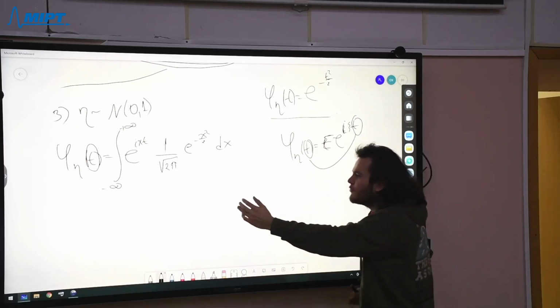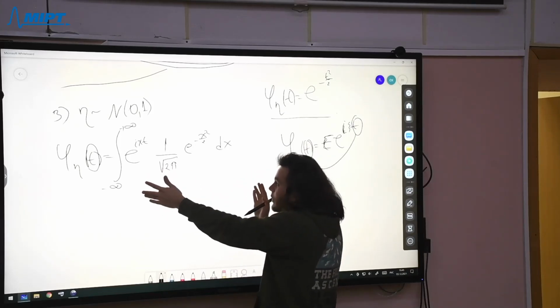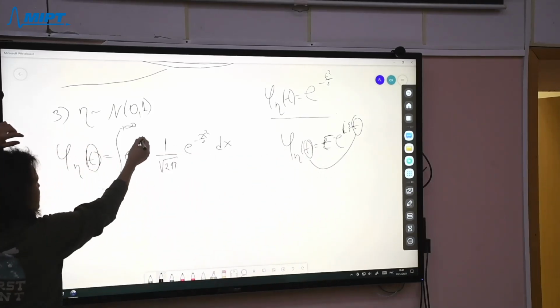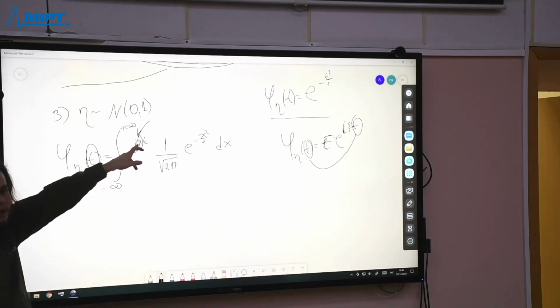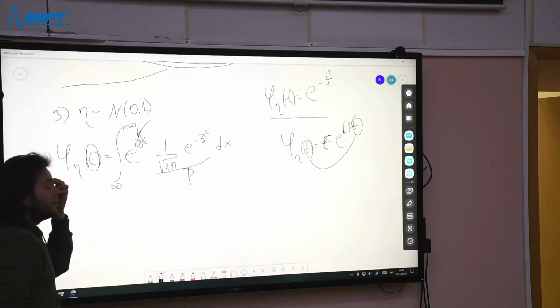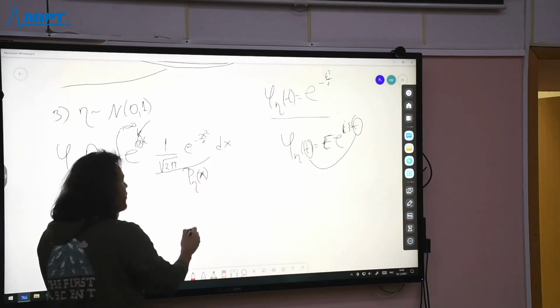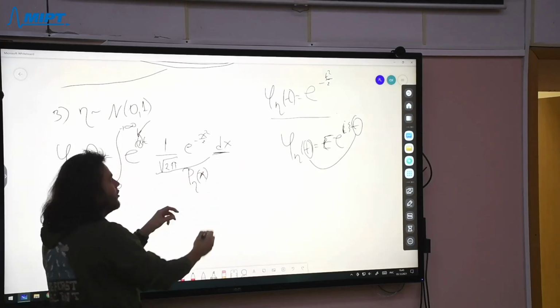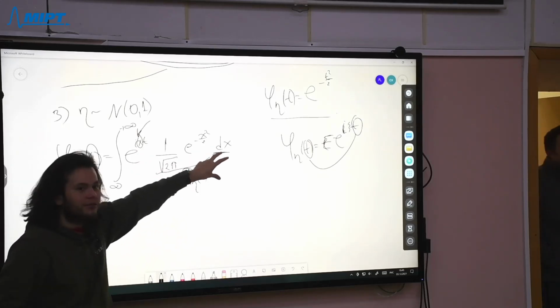If we want to find the expected value of some random variable psi, we need to look at all the possible values of psi. So we are changing psi by x, right? So here we have x, and in the density we'll have the function of x, and we have this integral over all x. So don't write t here, you will get something wrong.